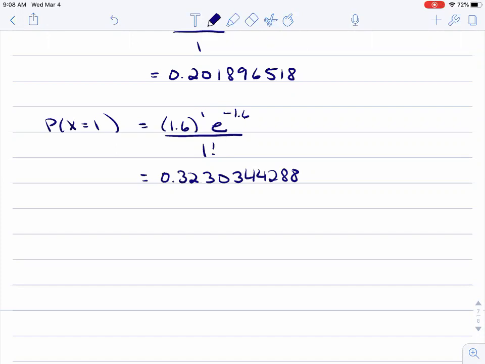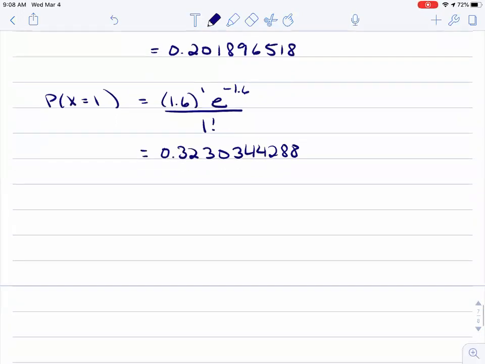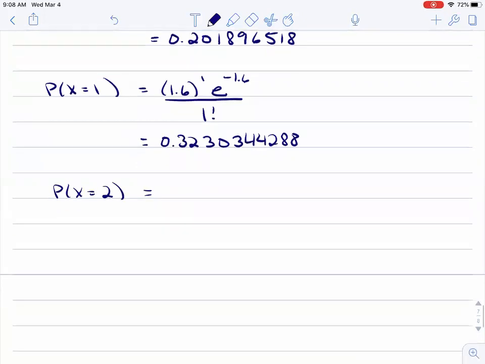Only time that we really get to calculate anything is for the probability that x equals 2. We've got our rate of 1.6 to the power of 2 now, times e to the negative 1.6, over 2 factorial, which is still kind of boring. 2 times 1 is 2. So it's just 2.